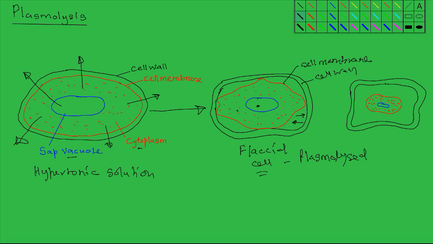And the space between the cell wall and the cell membrane will be occupied by the hypertonic solution in which the cell is immersed. So all of this will consist of the hypertonic solution, because remember, the cell wall is freely permeable. So the molecules in the hypertonic solution will freely pass across the cell wall and get into the space between the cell membrane and the cell wall.